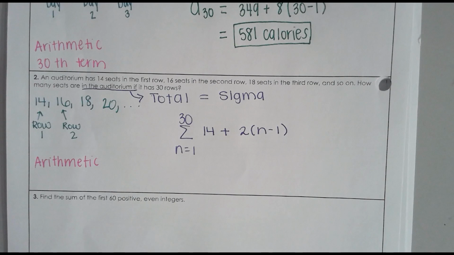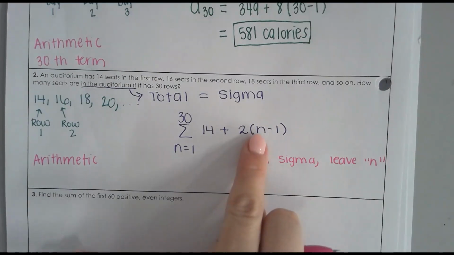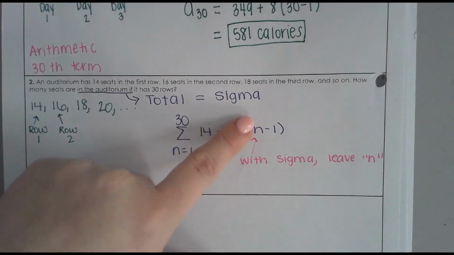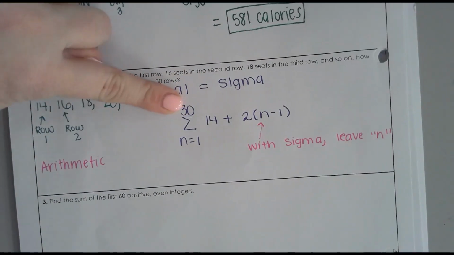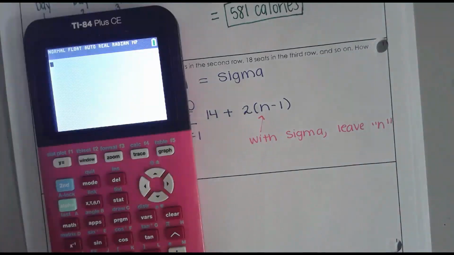With sigma, you leave the N in there. You don't put a 30 in that spot. You only put the 30 at the top. So if you're using sigma, this has to stay an N.